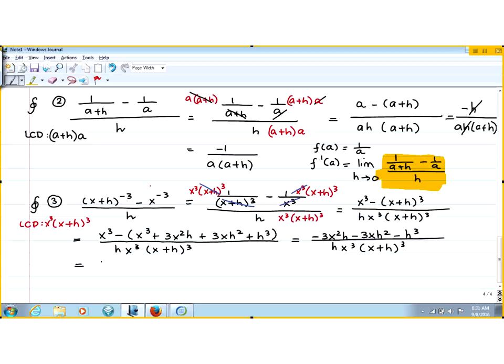Yes, we cancel the h. So if we cancel the h, what do we have? Negative 3x squared minus 3xh minus h squared divided by x cubed times x plus h cubed.